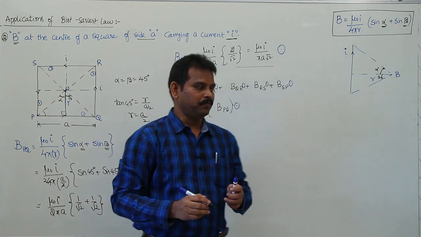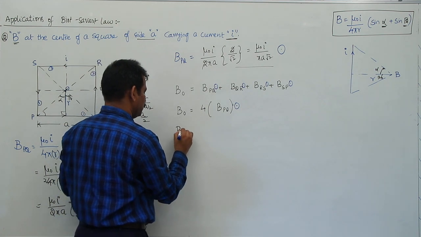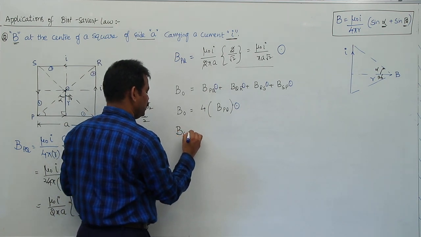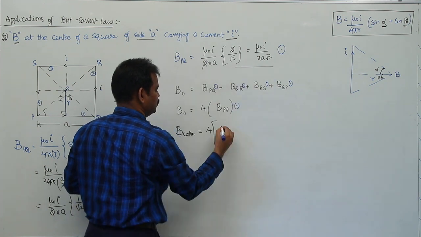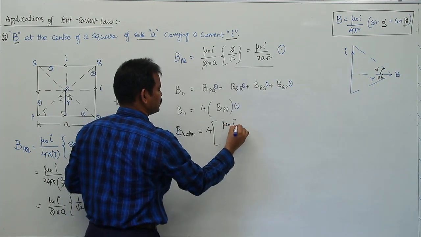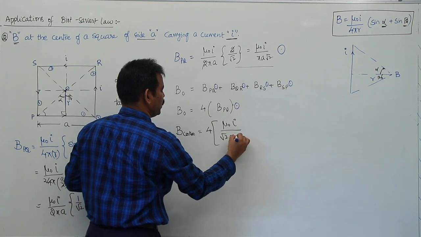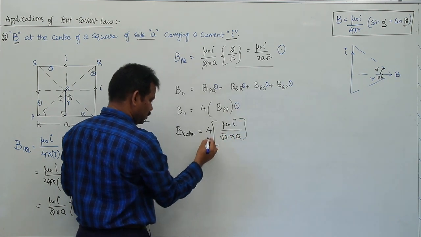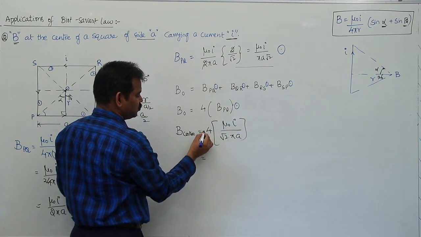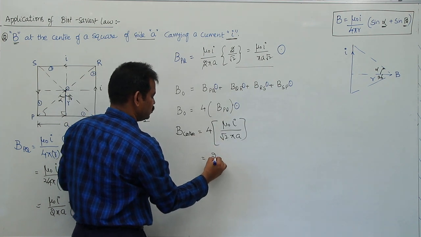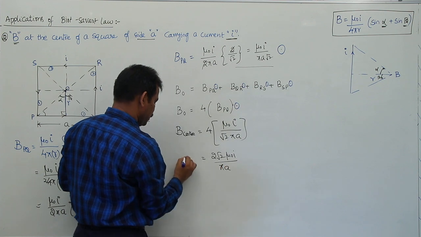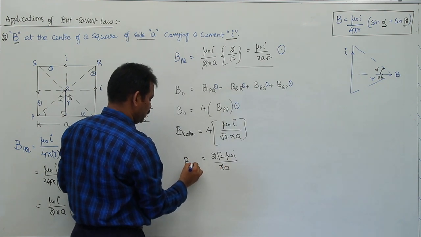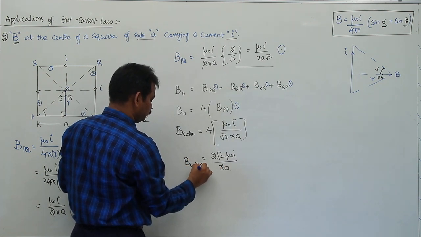Now the net magnetic field at the center of a square, so B at O or B at center is given by 4 times of, this is the magnetic field due to one of the sides of the square, mu naught I by root 2 pi a. So now you can cancel this, this can be written as 2 into root 2 into root 2. So this will become 2 root 2 mu naught I by pi a. This is the magnetic field at the center of a square.